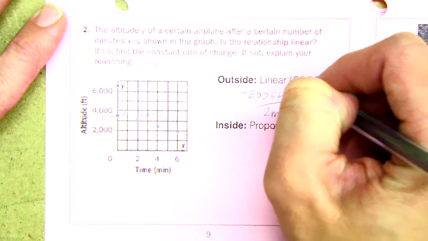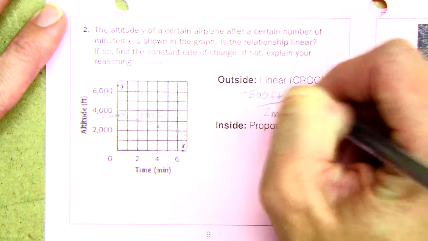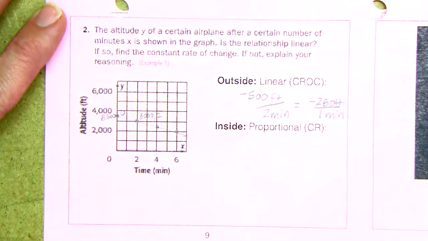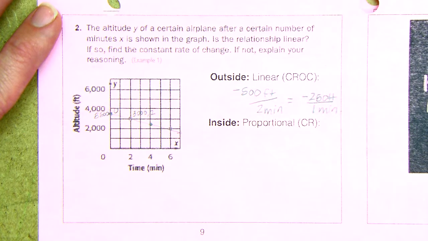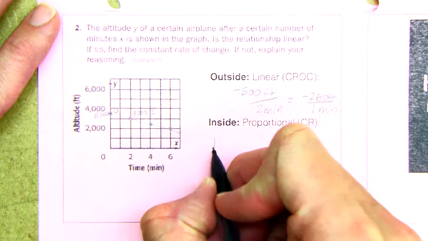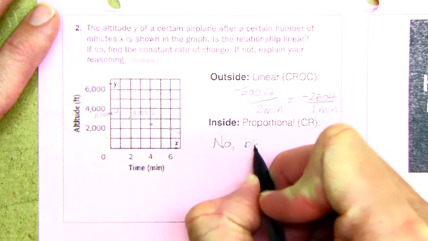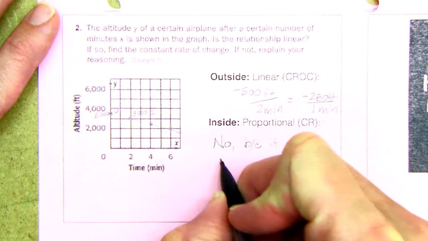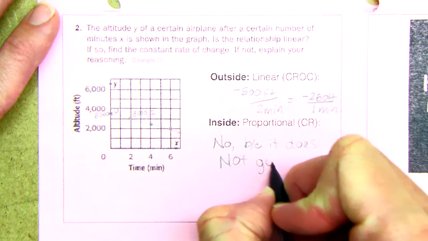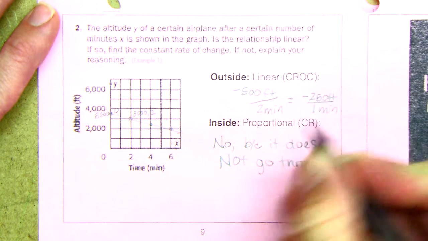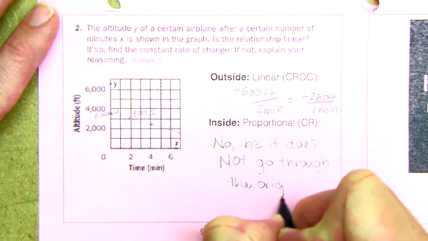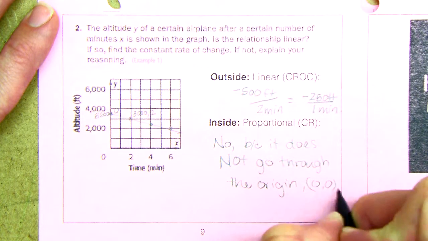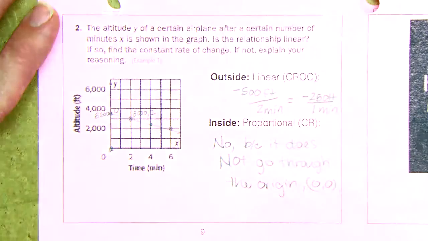And if I reduce that, negative 250 feet per 1 minute. That's my constant rate of change. Now, is it proportional? I hope you can just look at that graph and know the answer to that is no. Why? Because it does not go through the origin. It does not. It does not go through here. It is not proportional.